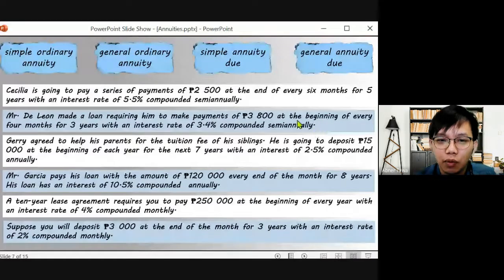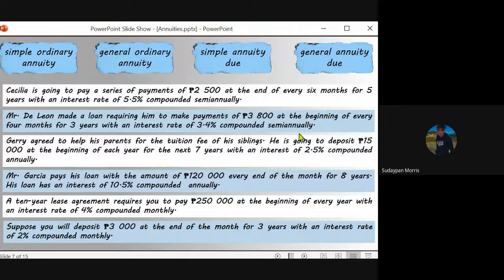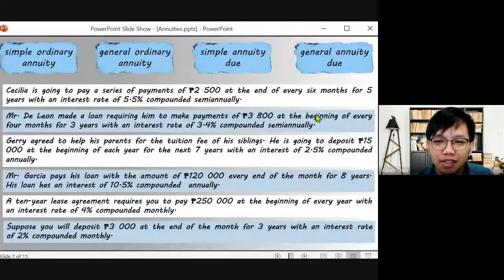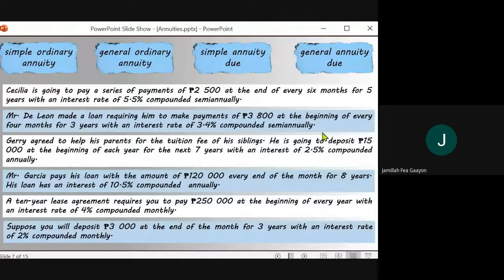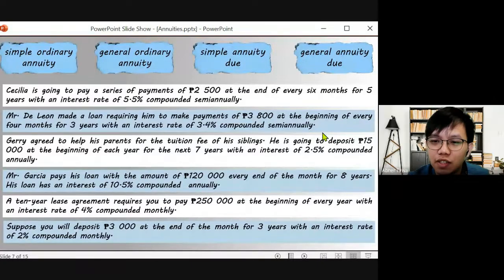Agree ba kayo that this is general annuity due? Who disagree? Yes, sir. Tama po. Are you sure? How about Jamila? What's your answer? Same with Ken po, sir. Okay. General annuity due. How about Miss Chinapsan? What's your answer?